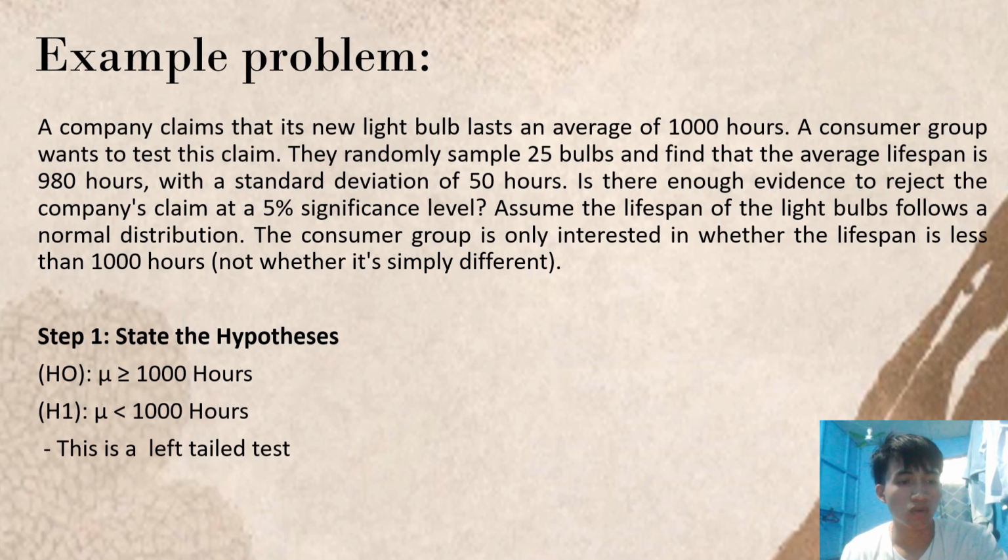However, the problem naturally leads to a left-tailed test because we're testing if the lifespan is less than the claimed value. So we use the left-tailed test. This is the statement in the word problem. It states that it was a left-tailed test.